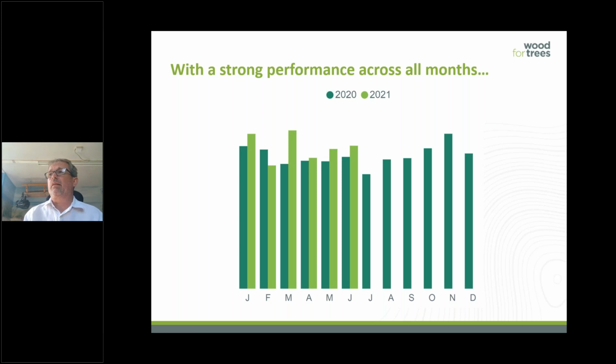Obviously lockdown hit around March last year, and we did initially see some increases in income through emergency appeals through the second quarter of 2020. What we can see is that we're still seeing that good performance through into 2021.